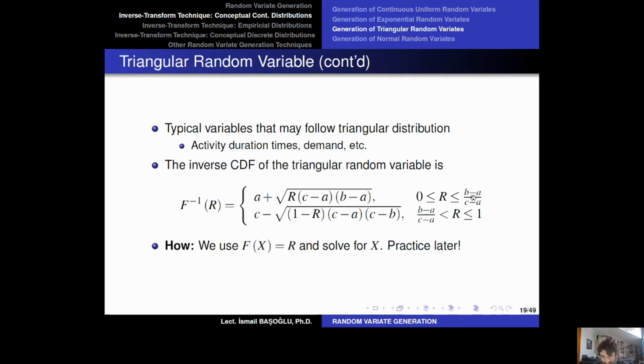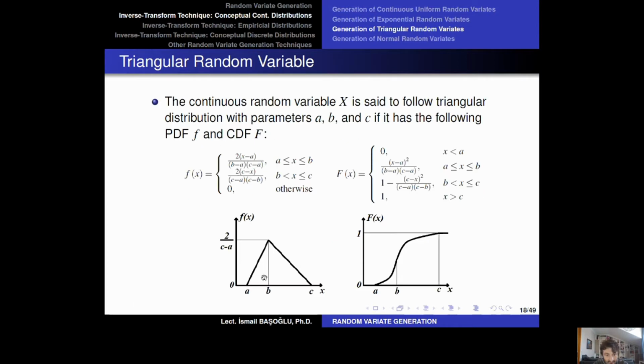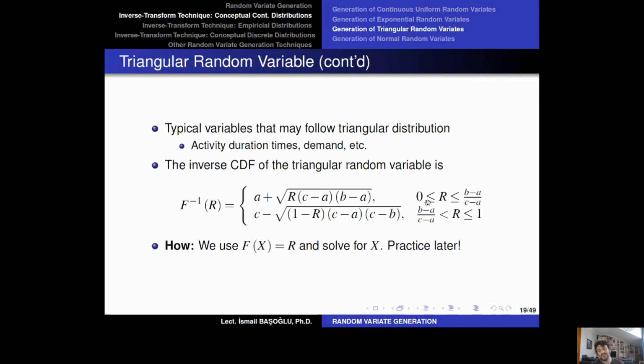Now, please take notice that (b minus a) over (c minus a) is the area of the first triangle. So the area of the first triangle here is exactly equal to (b minus a) over (c minus a). If your random number is between 0 and this value, then you are going to use this formula. Otherwise, if your random number is greater than (b minus a) over (c minus a) and less than 1, in that case you use the second formula, which is the inverse of the second part.